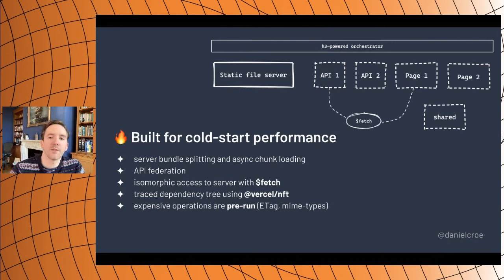But then there are also lots of other features. So different APIs that you might call at different endpoints. And the same is true with any different page that you access in your Nuxt site. Those are all separately bundle split into different routes. So if you hit a request for page 1, it doesn't load the bundle that's needed to serve page 2.